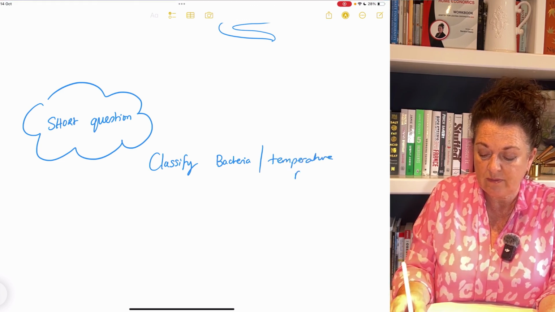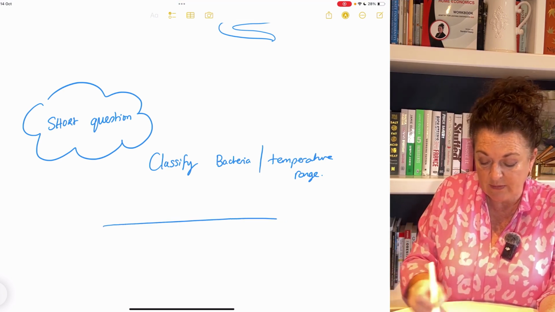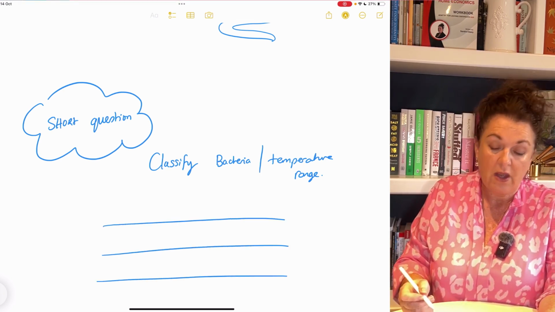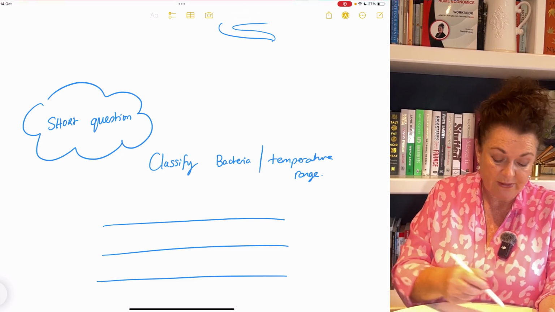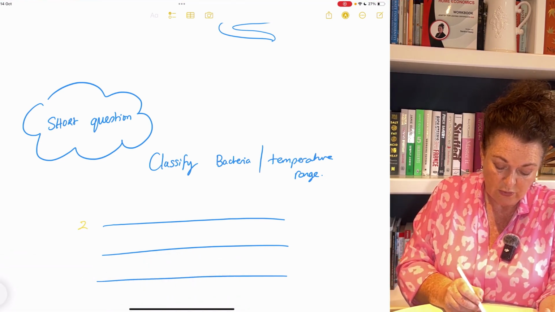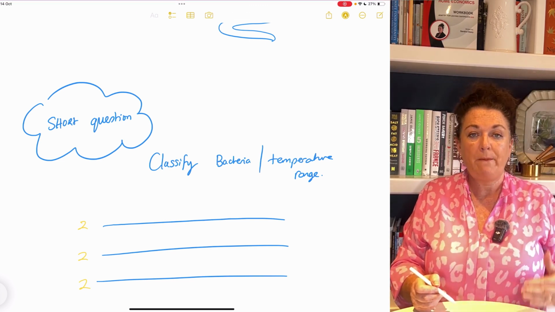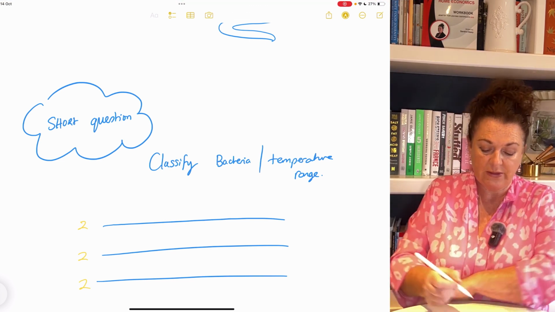As we know, short questions are worth 6 marks. There won't be 6 marks written beside it. So out with my pencil, and I'm going to write 2, 2, and 2. Remember, 2 marks, 2 subpoints.